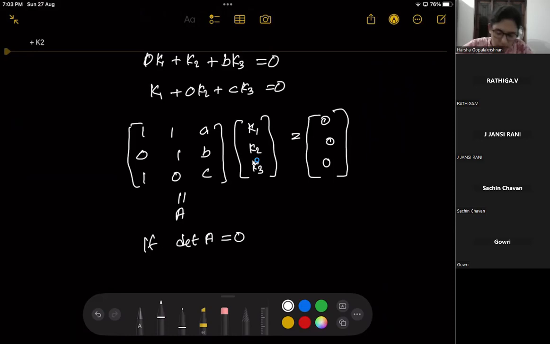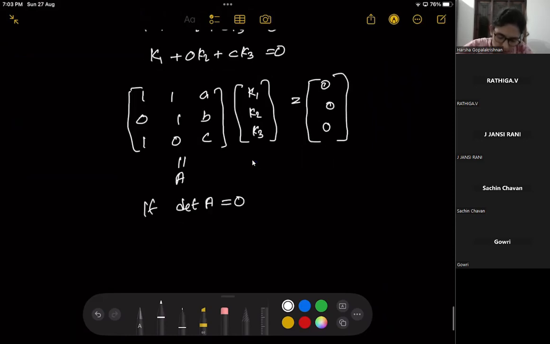Okay. Suppose if determinant of A is non-zero, that means A inverse exists. Correct? So we can multiply A inverse on this side.